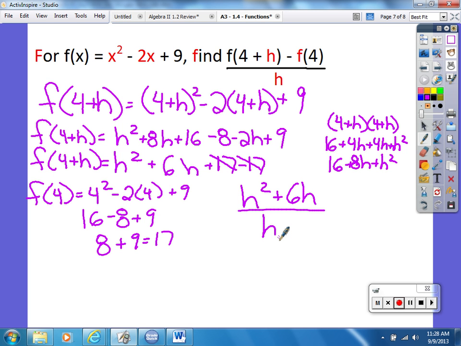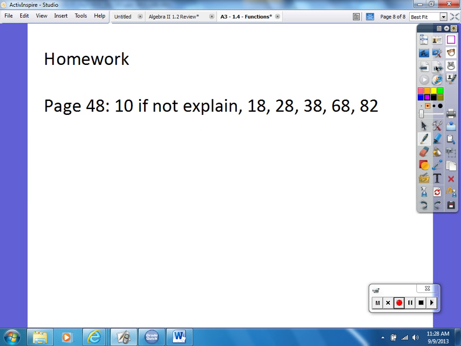So if I put that over h, now in this case I can simplify the h's. So I get h plus 6, and that's the answer. That's it. I crossed out an h there. I crossed out an h here. See how I did that? All right, essential work.